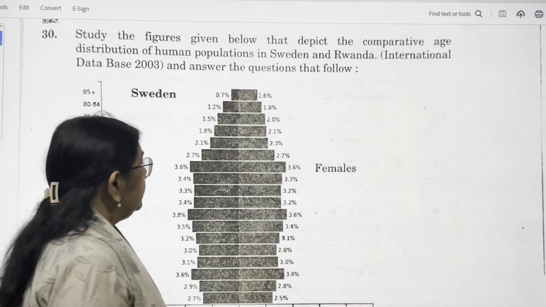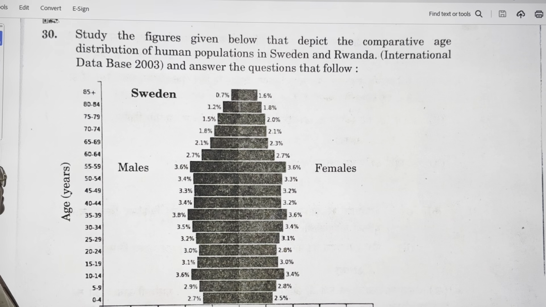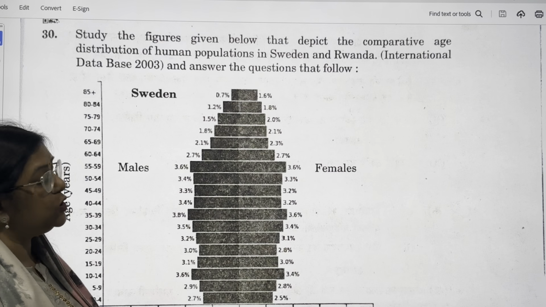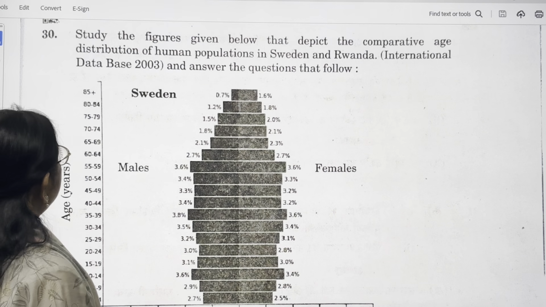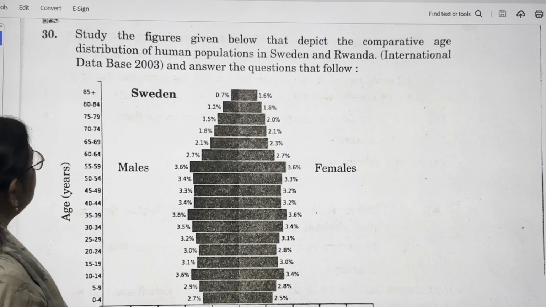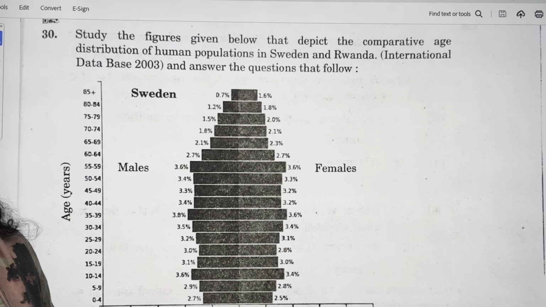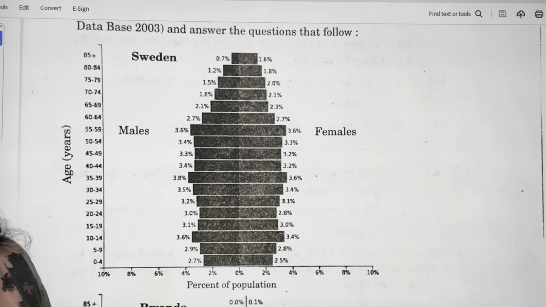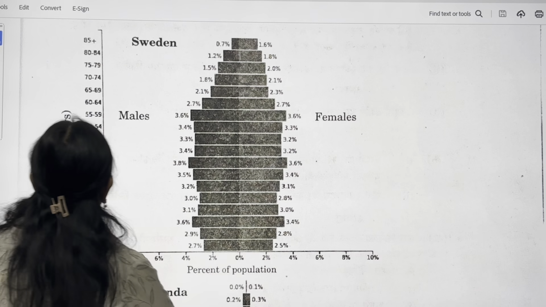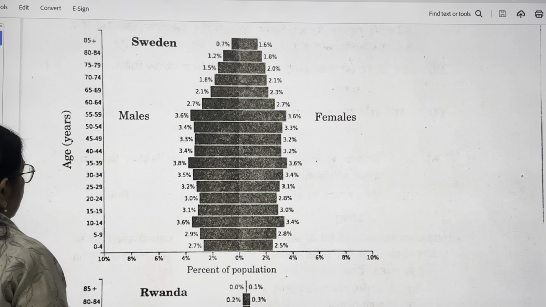Question number 30. Study the figures given below that depict the comparative age distribution of human populations in Sweden and Rwanda. International database is given of 2003 year, and answer the questions that follow. As you can see in this diagram, percentage of population and age is given.